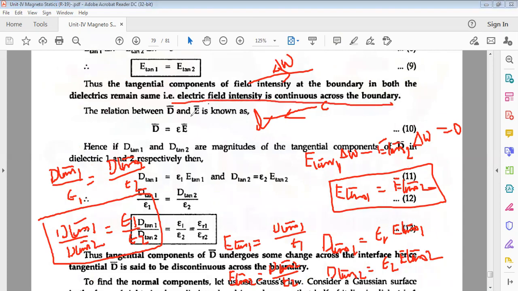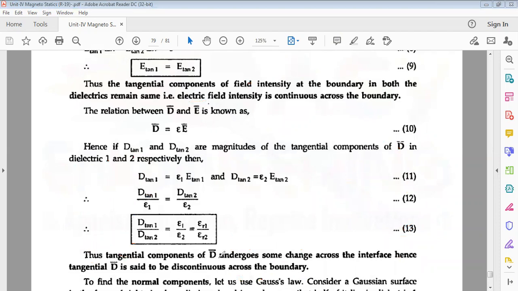And the ratio between D tan 1 and D tan 2 is epsilon 1 by epsilon 2. Thus, the tangential component of D bar undergoes some change at the interface, hence the tangential D bar is said to be discontinuous across the boundary. When both are equal, it is continuous.